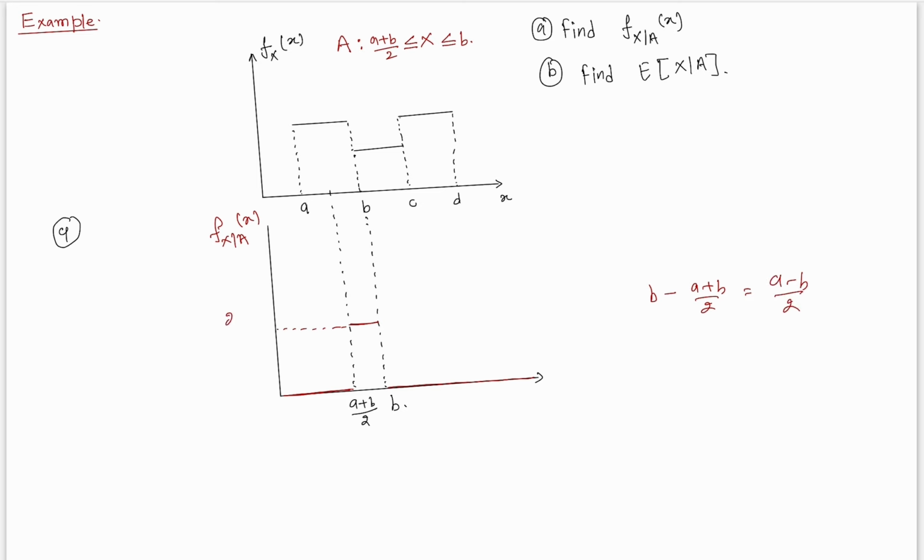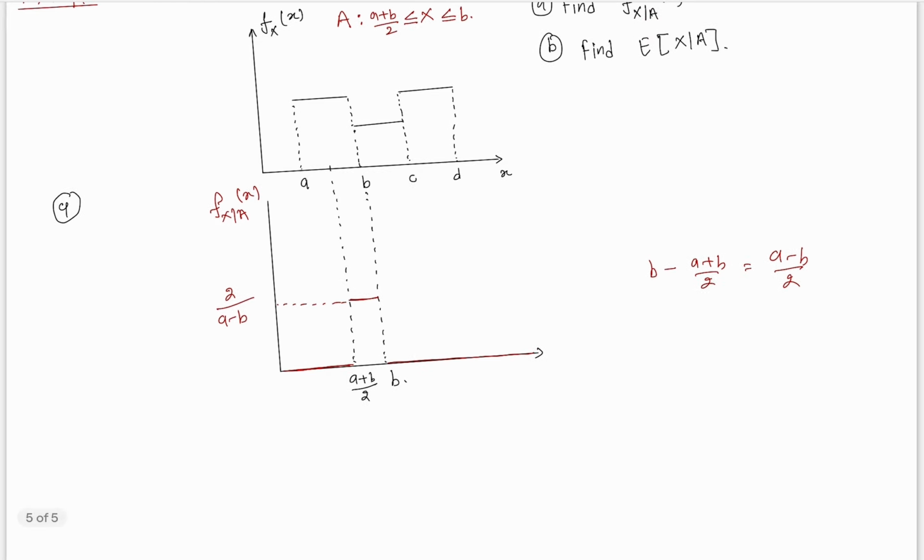So this height should be 2 divided by (b minus a). Now if you find the area, width times height, the 2 gets cancelled, the (b minus a) gets cancelled, and you have a total area of 1. So this is the conditional PDF of the random variable x given this event A.